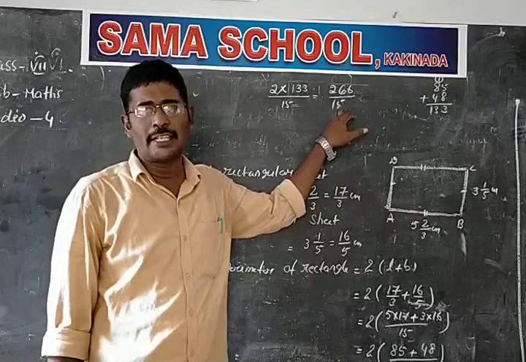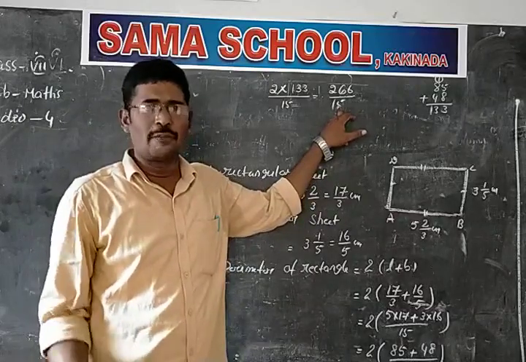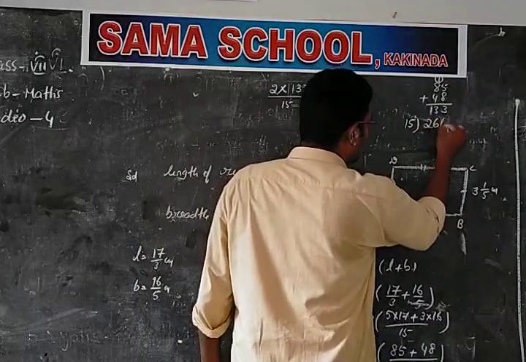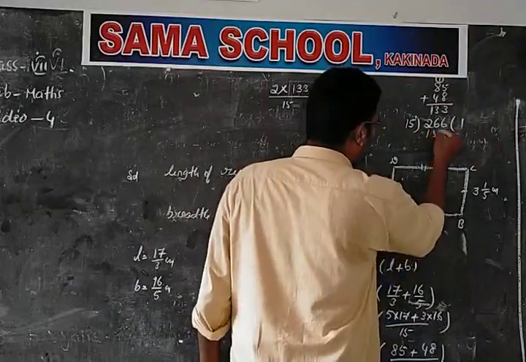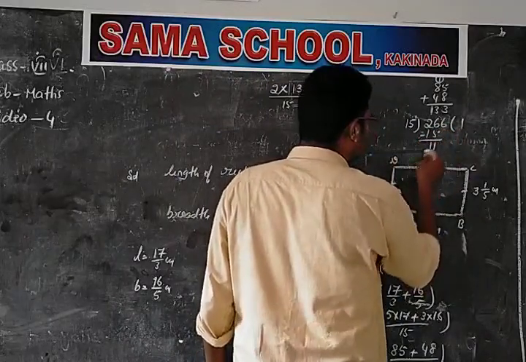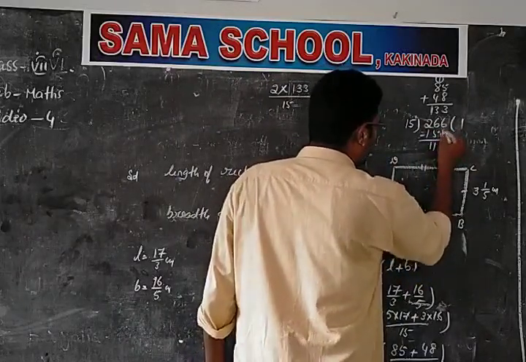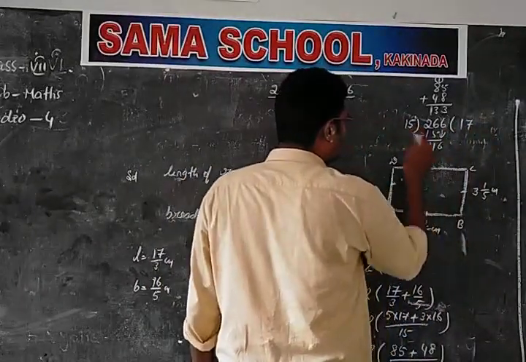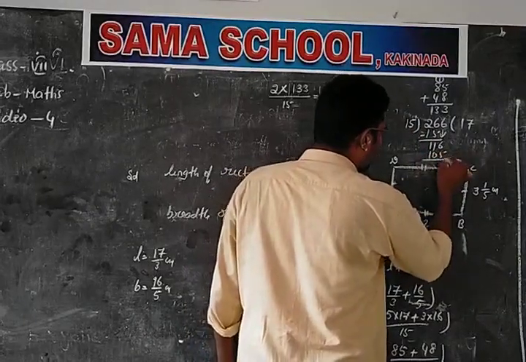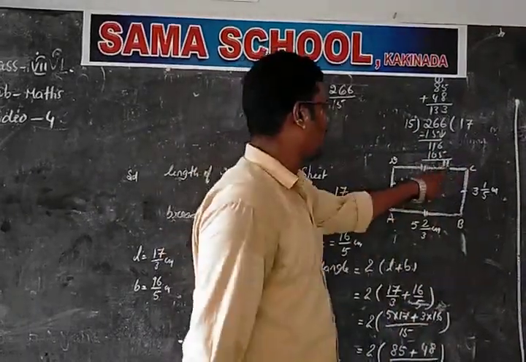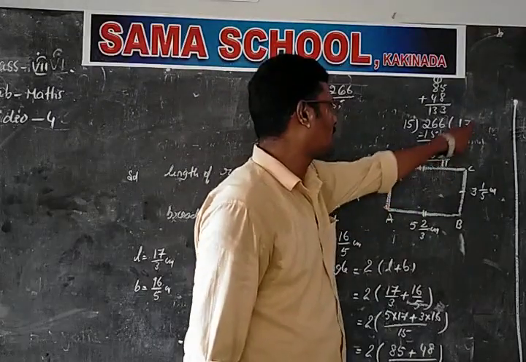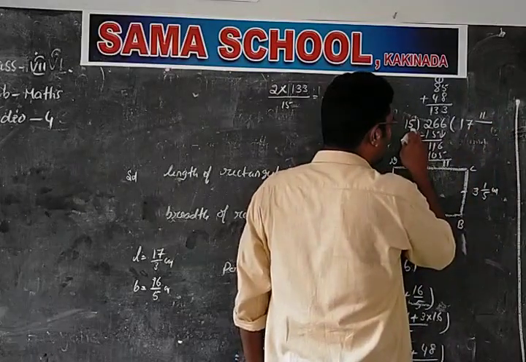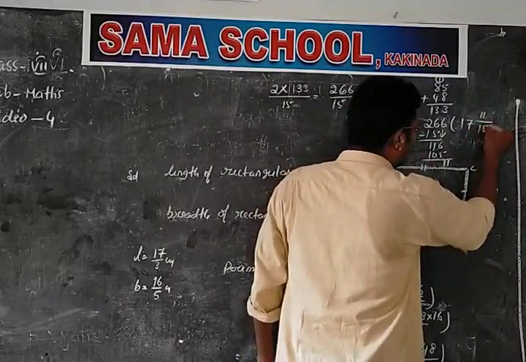What is the type of fraction? Improper fraction. Now convert to a mixed fraction. Divide 266 by 15. 15 times 1 is 15, remainder 11. Take 116: how many times? 7 times. 7 into 15 is 105, remainder 11. 11 is the numerator and 15 is the denominator.